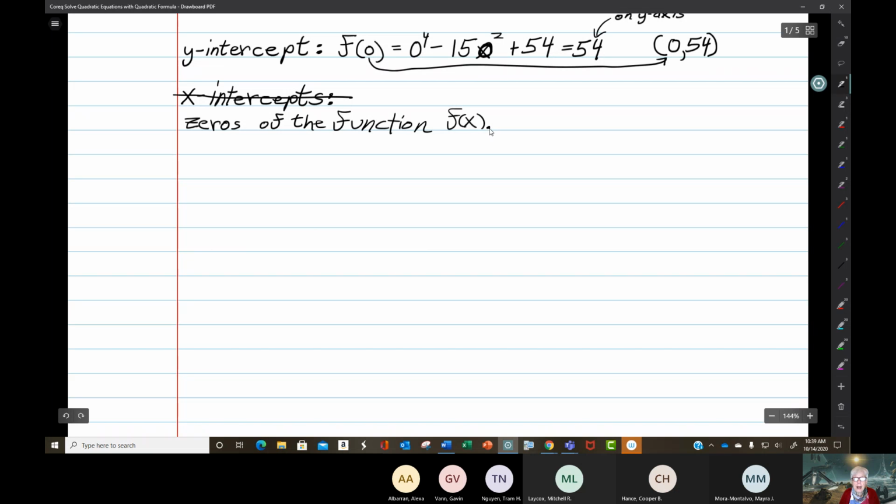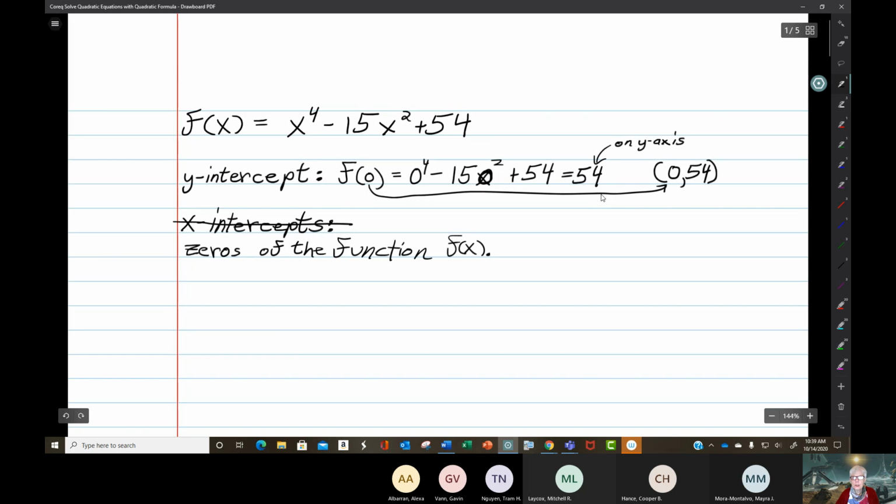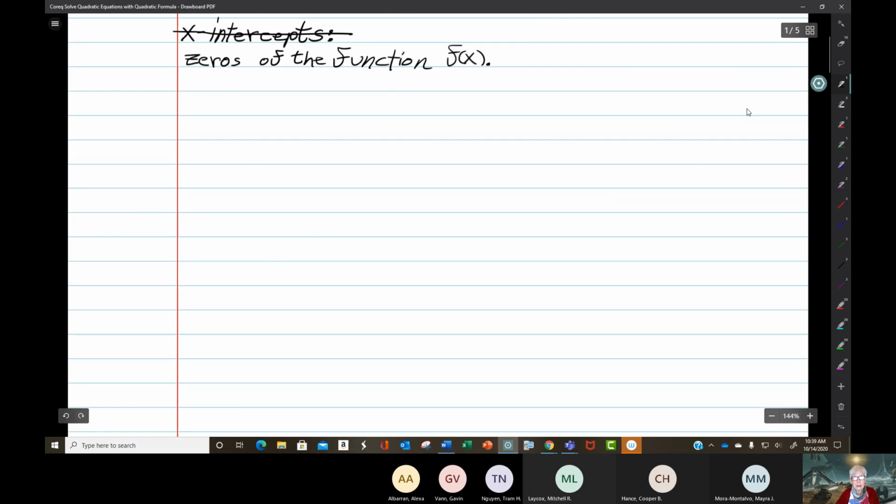So here's how we do that. Instead of f of x equals this, we let f of x, which is y, equals 0, because the zeros live on the x-axis.